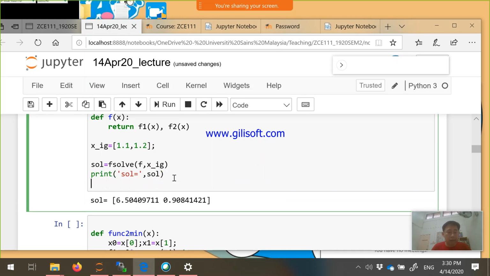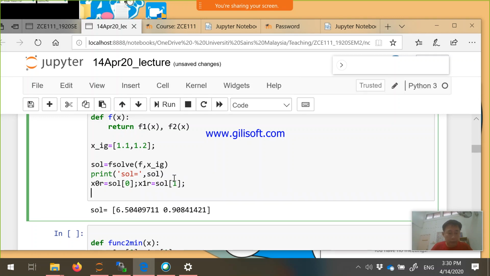Okay, so I'll call this x0r, where r stands for roots, the first element in the solution. And x1r, the second root, is the second element in the SOL.